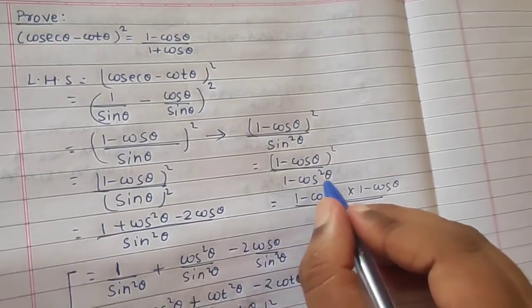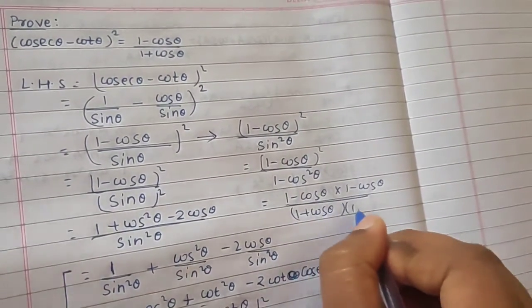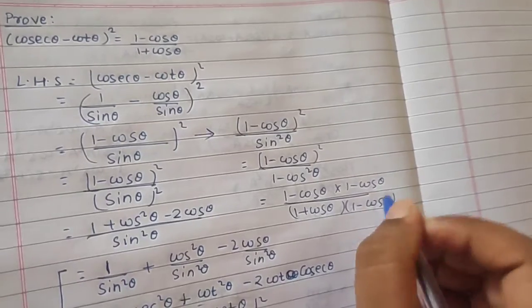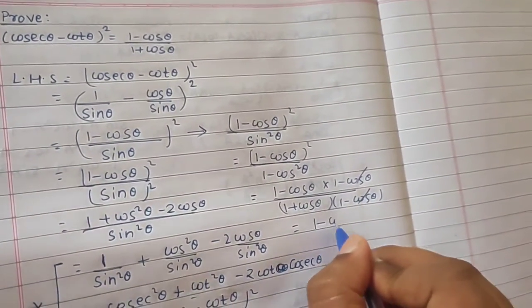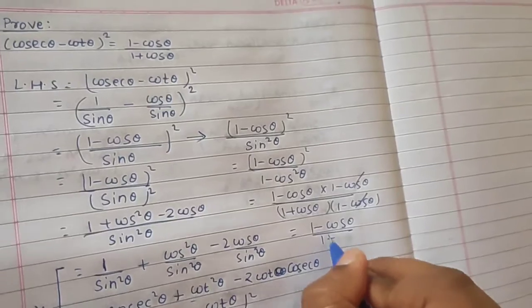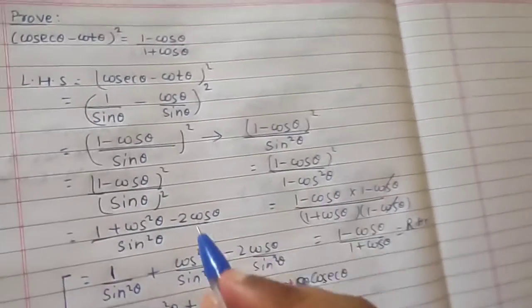Now a square minus b square is (a plus b) and then (a minus b). Now you see 1 minus cos theta gets cancelled. We are left with (1 minus cos theta) divided by (1 plus cos theta), which is your RHS.